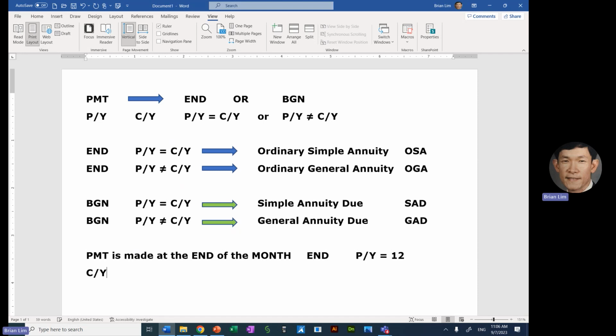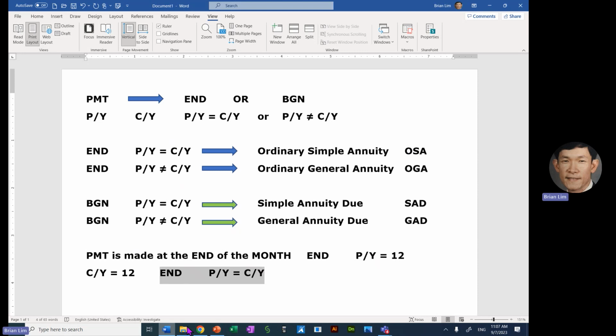So CY is monthly, correct, as was previously seen. So what do we have here? Well, we have end, and we have PY is equal to CY. If we have this combination right here, then that tells us it's an ordinary simple annuity.